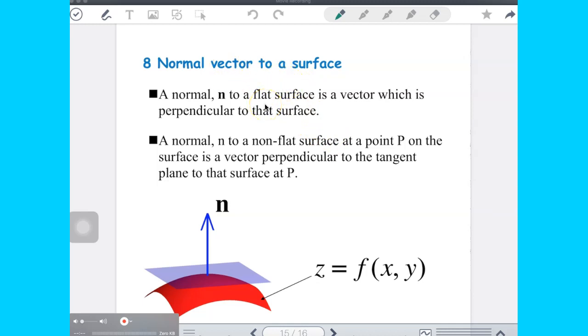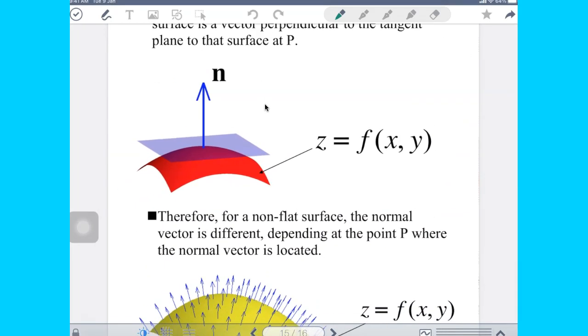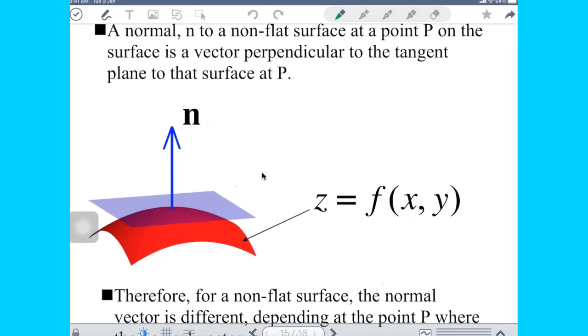Okay, what is the meaning of normal vector to a surface? Let's say you are given a flat surface, a plane.